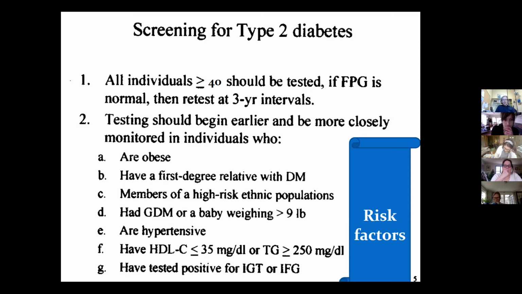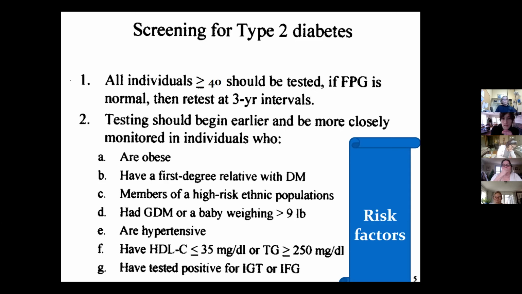Hispanics have a higher rate. The African American population in the U.S. is higher. The Asian population is higher, particularly the Pacific Islanders.